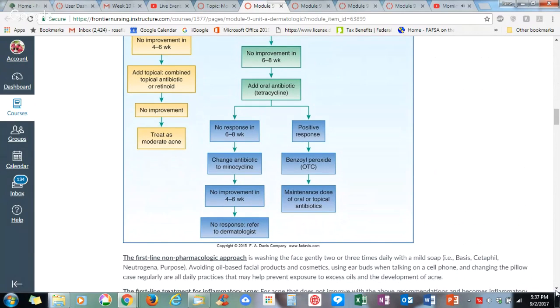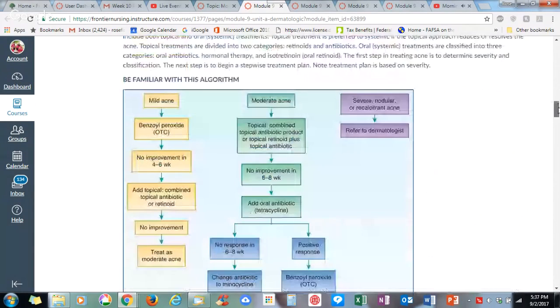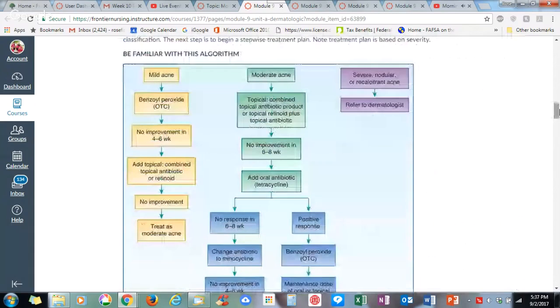So after you've added an oral antibiotic, such as tetracycline, if you have a positive response, you can also use benzoyl peroxide, which is over the counter, and then go to maintenance dose of oral or topical antibiotics. For severe nodular or recalcitrant acne, refer to a dermatologist.